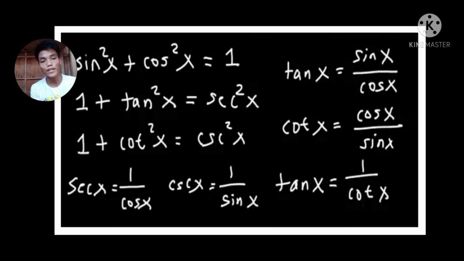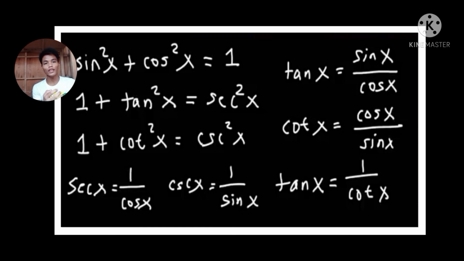Then 1 plus cotangent squared x is equal to cosecant squared x. And secant x is equal to 1 over cosine x. Then cosecant x is equal to 1 over sine x.